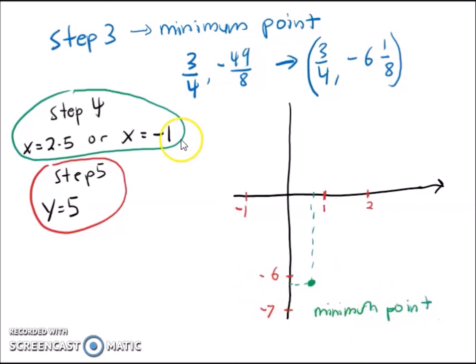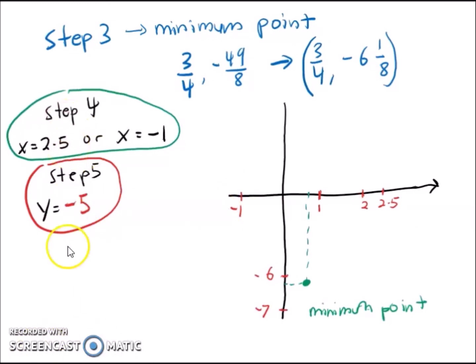Okay, now next we focus on step 4, which is we'll be getting 2.5. We just make it here 2.5, and here's negative 1. Okay, step 4 is 2.5 over here and negative 1, and step 5 should be negative 5 over here. Okay, so negative 5.